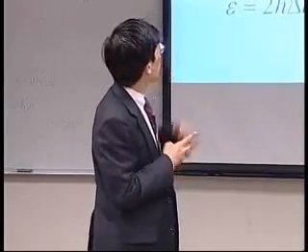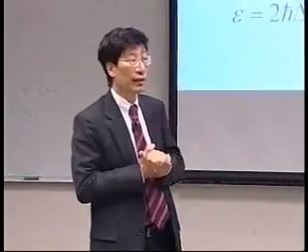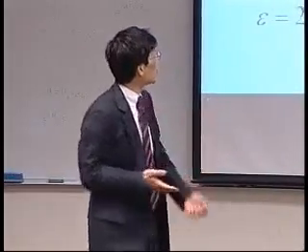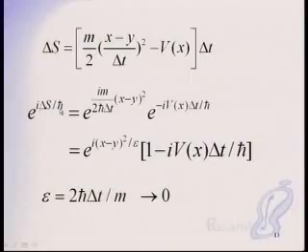Okay? And so delta S is given by that first line. Is that okay? So I stick this into the exponential. The exponential is e to the i delta S over h bar. So first of all, the kinetic energy term divided by h bar, and then the potential energy term divided by h bar. Is that okay?